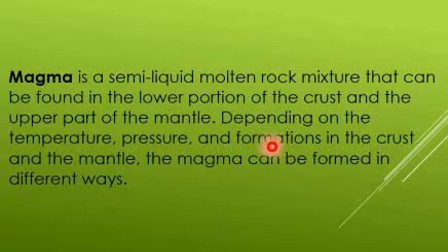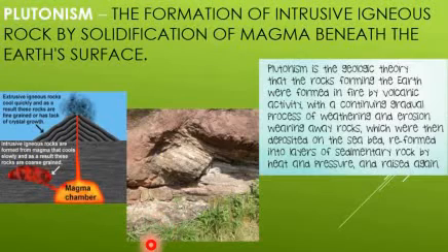Depending on the temperature, pressure, and formation in the crust and the mantle, the magma can be formed in different ways. So nakadepende yan sa mga nabanggit, temperature, pressure, and then the formation in the crust and the mantle. And then we have also, since we are talking about magmatism, dito rin papasok yung tinatawag nating plutonism.